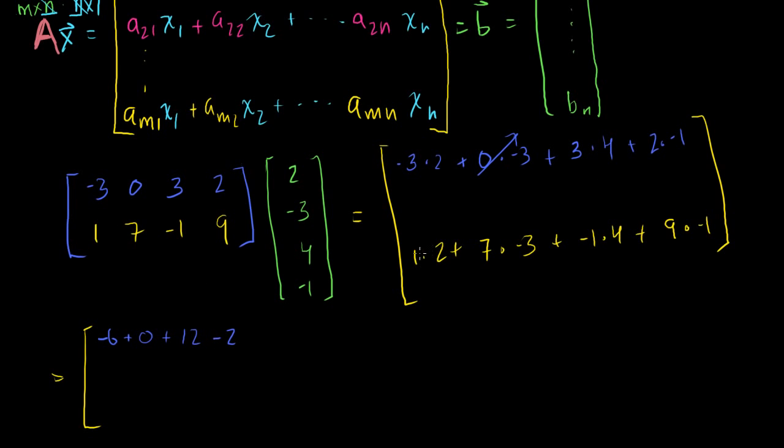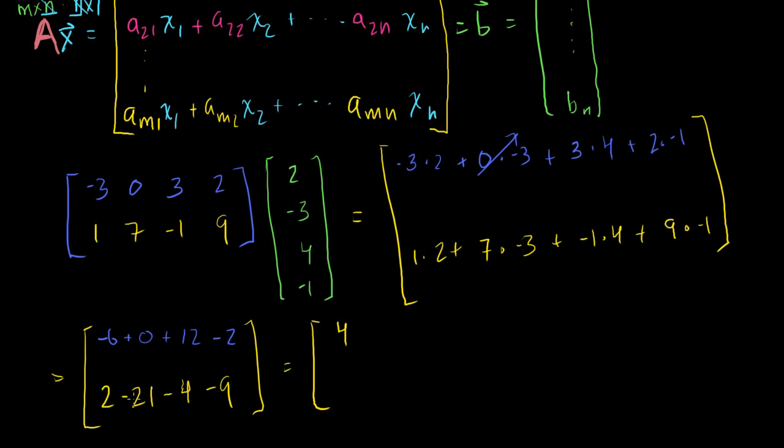And then this simplifies to 2 minus 21, minus 4, minus 9. So this top term: I have minus 6 plus 12 is 6, minus 2 is 4. And then I have 2 minus 21 is minus 19.